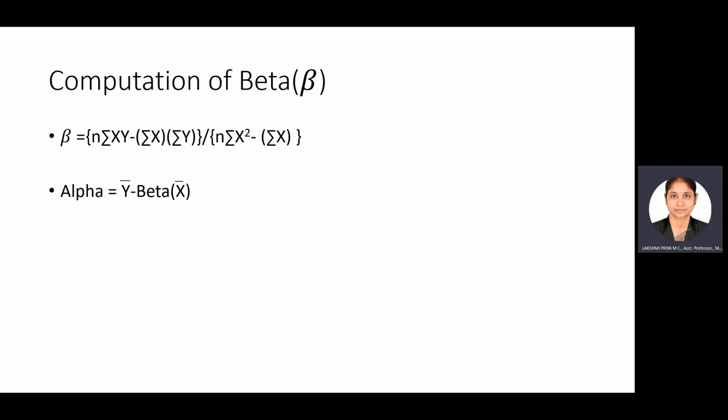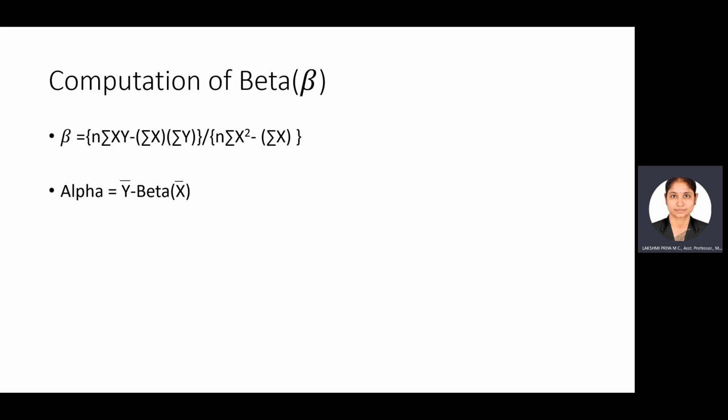And coming to beta, as I already told you, beta represents the volatility in the market. Actually, it is the slope of the characteristic regression line. It describes the relationship between the stock's return and the market return.